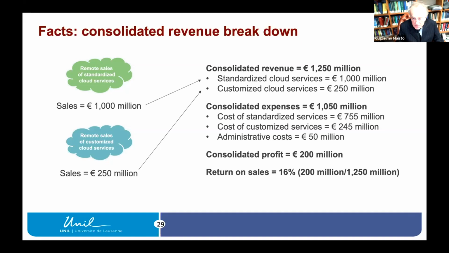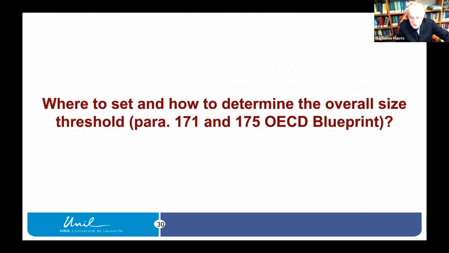So we have a total consolidated revenue of 1,250,000,000, a consolidated profit of 200 million, and a return on sale of 16%. And we shall see later how that return on sale can be used in the segmentation process.